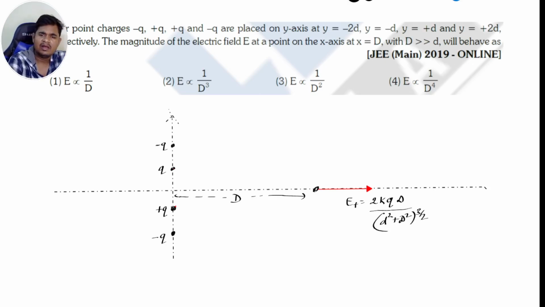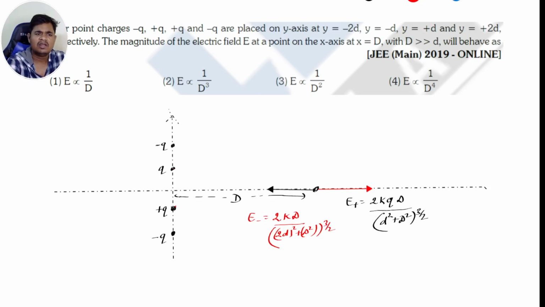Due to the negative charges, the electric field will be in this direction. If I write the magnitude of E negative, it is again 2kq and 2d, divided by D square plus 2d whole square raised to the power 3 by 2.